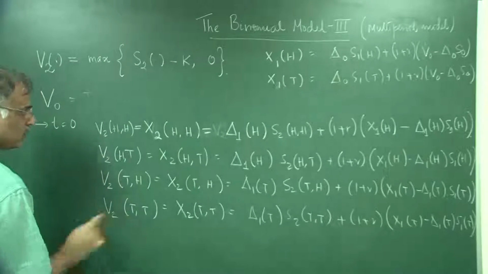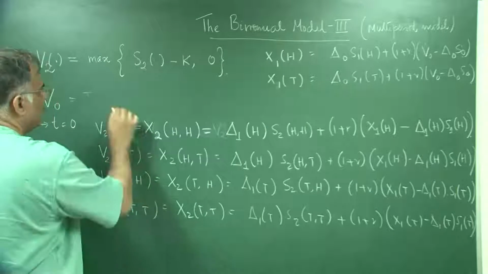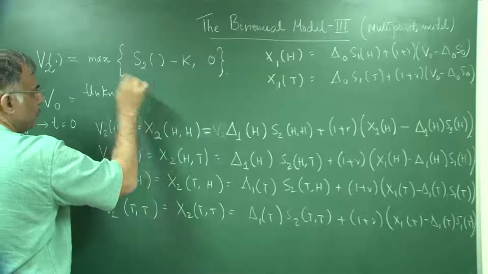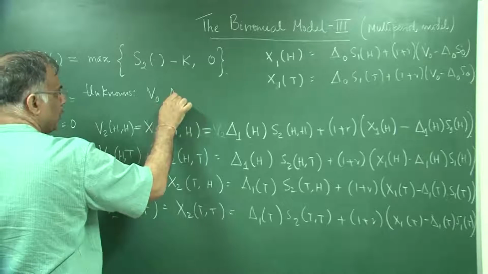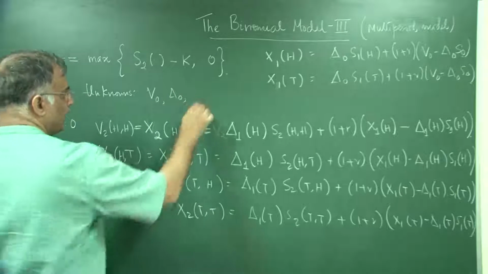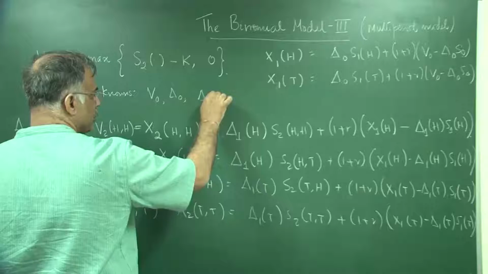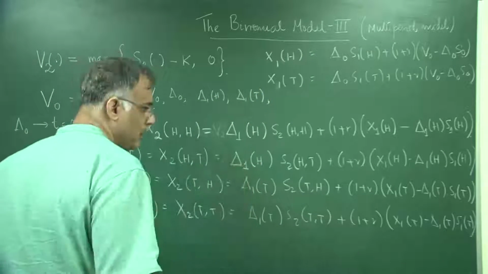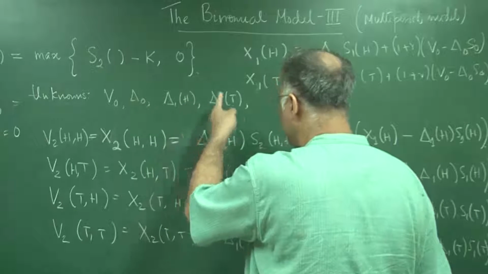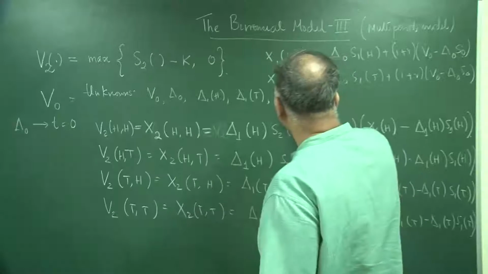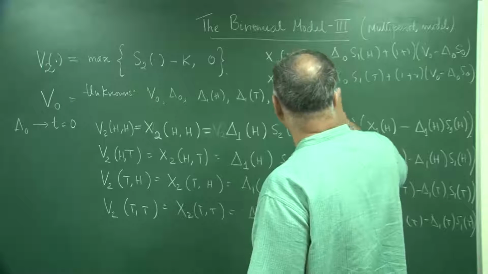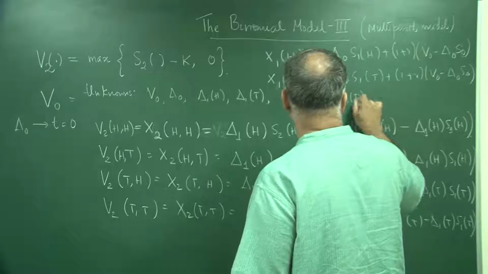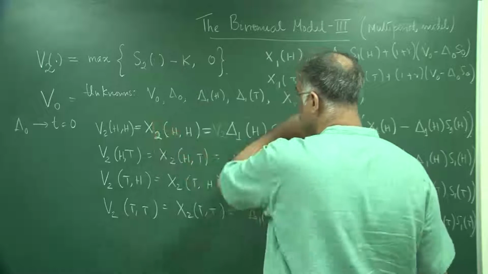You have 6 equations, how many unknowns are there? My unknowns which I have to figure out are V naught, delta naught, delta 1 H, and delta 1 T. I also have to know what is the worth of my portfolio at time 1, x1 H and x1 T. So, there are 6 unknowns in 6 equations.